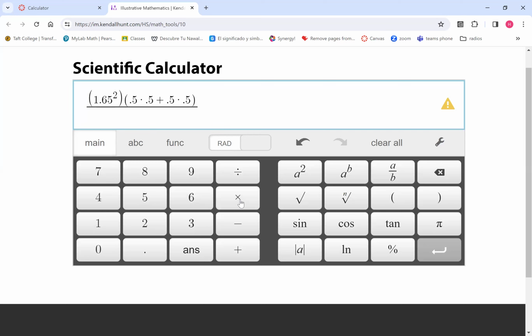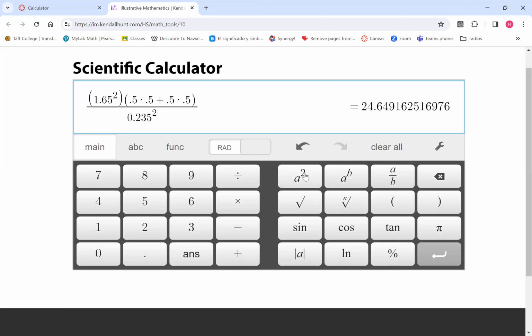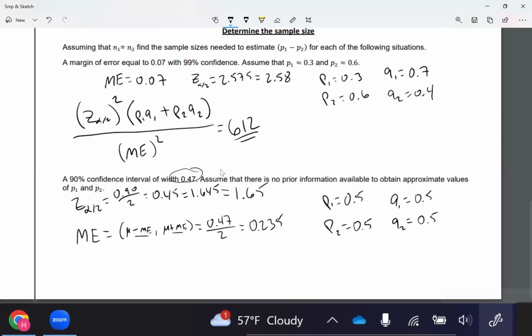And my margin of error, remember, was 0.235, so 0.235 squared. It tells me it's 24 point something. So I'm going to round it up to 25. Let me come back to my work here. My sample in this case will be 25.